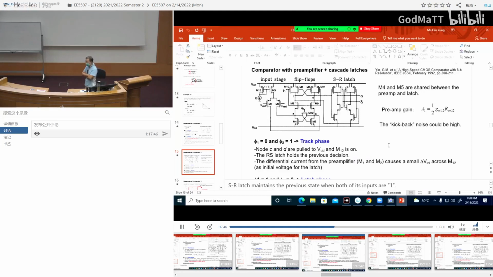Compared to the previous lectures, today is relatively fewer slides. Maybe I ask, do you have any questions? Concept-wise, it should be quite simple. What a comparator does is only how to make the comparator faster and how to make the offset smaller.